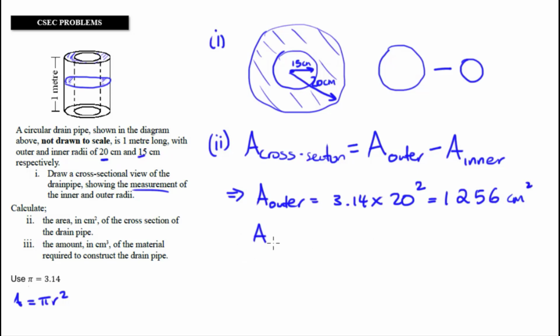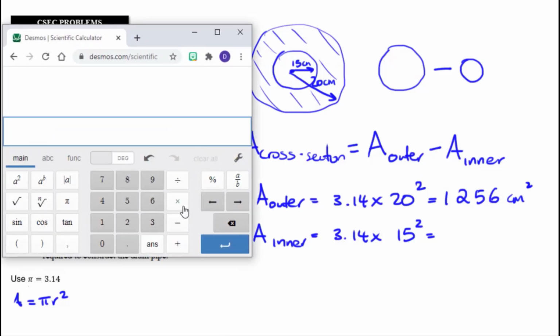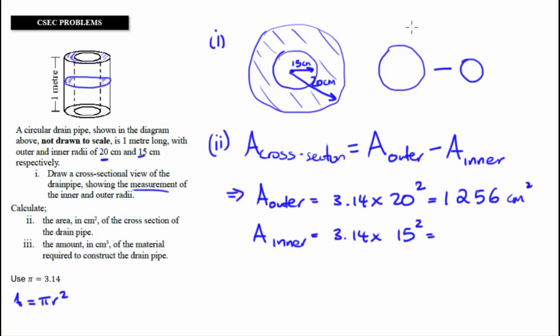Next, the area of the inner circle is equal to 3.14 times the inner radius, which is 15 centimeters. So that's times 15 squared. And 3.14 times 15 squared is equal to 706.5 square centimeters.